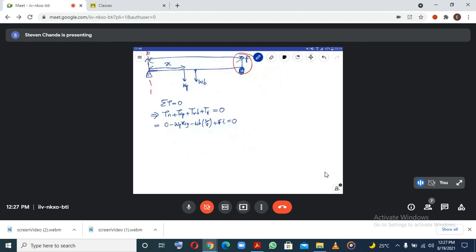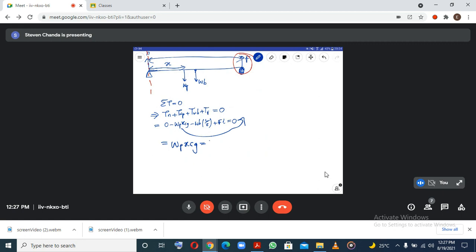So what you do is put things on one side. Move this here, so that it makes the work easier.